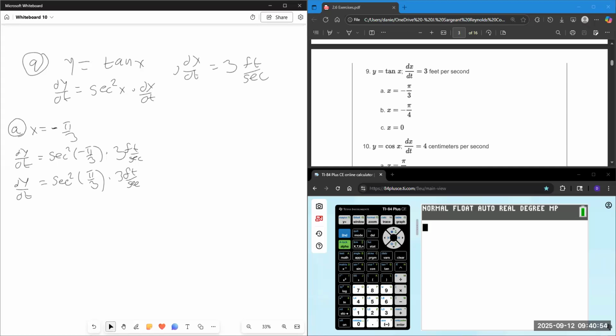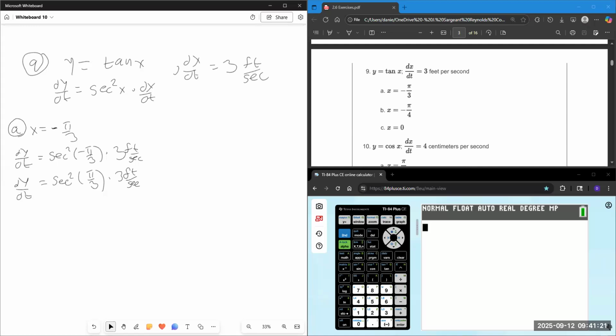That's just an even-odd identity. All the trig functions are odd other than cosine and secant, which are even. So for an odd function, f of negative x is equal to negative f of x. For an even function, f of negative x is equal to f of x. Don't forget that from pre-calculus. So secant of π/3 is related to cosine of π/3.